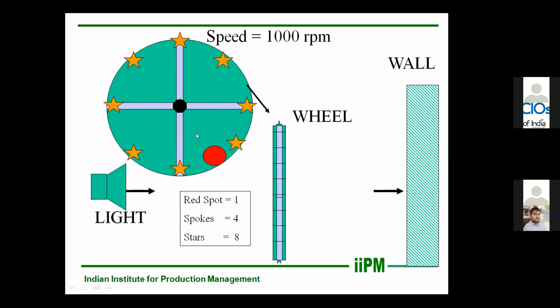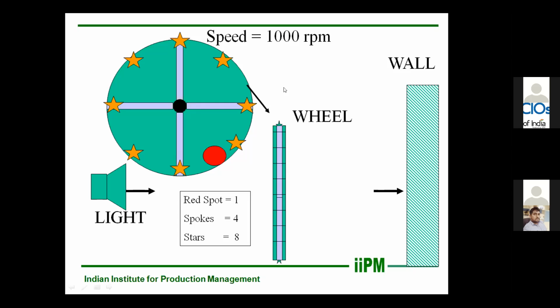So if I put a light on it, on one complete cycle, its speed is around 1000 RPM. That is, in 1 minute it will be covering 1000 cycles.